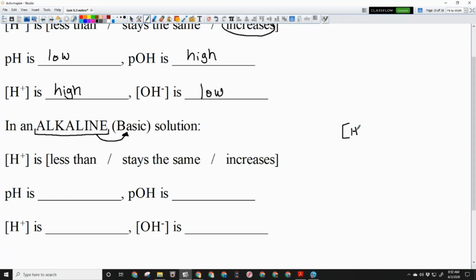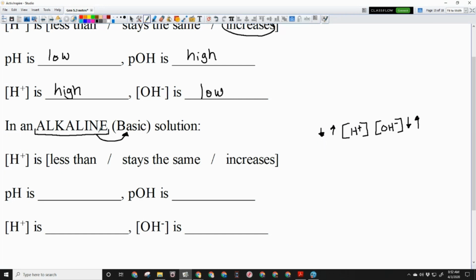So for an acid, we just talked about hydrogen ion concentration that's high. And hydrogen ion concentration is always in an equilibrium with hydroxide ion concentrations. So these two are in an equilibrium. So if hydrogen ion concentration goes up, then that means this one goes down. And if this one goes up, that means that this one is going down. They're the opposites.